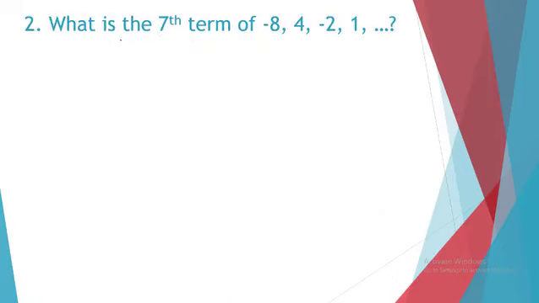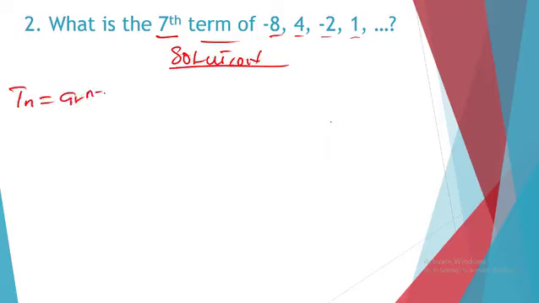We have number 2. What is the seventh term of minus 8, 4, minus 2, 1, and so on? The seventh term. Solution. Okay, let us find. We have our Tn to be equal to AR raised to power n minus 1, where our A is the first term, which is minus 8.